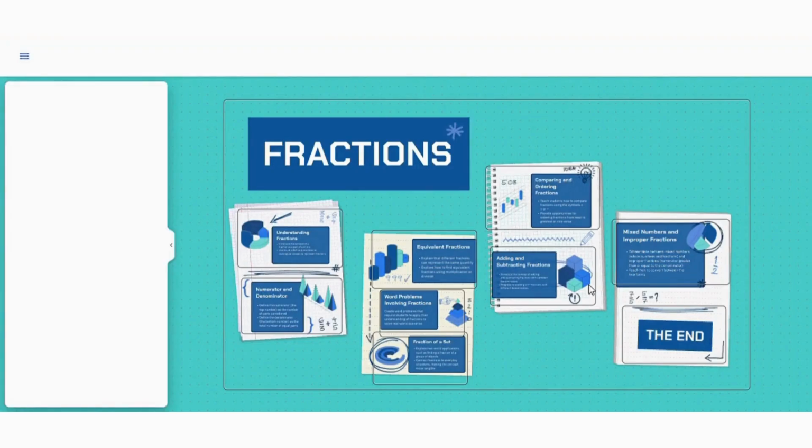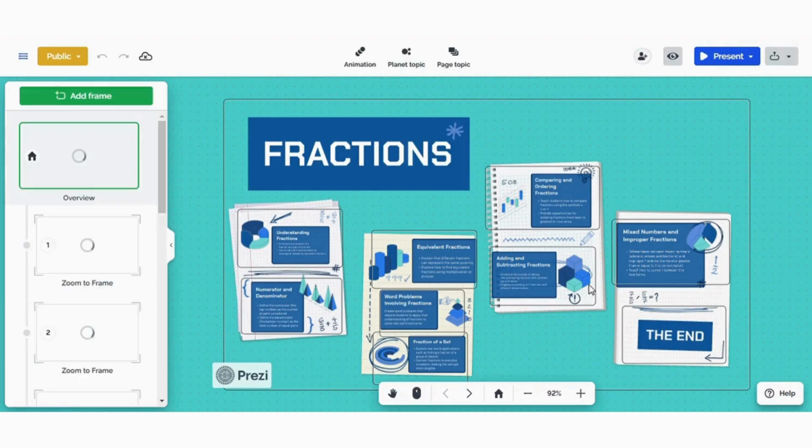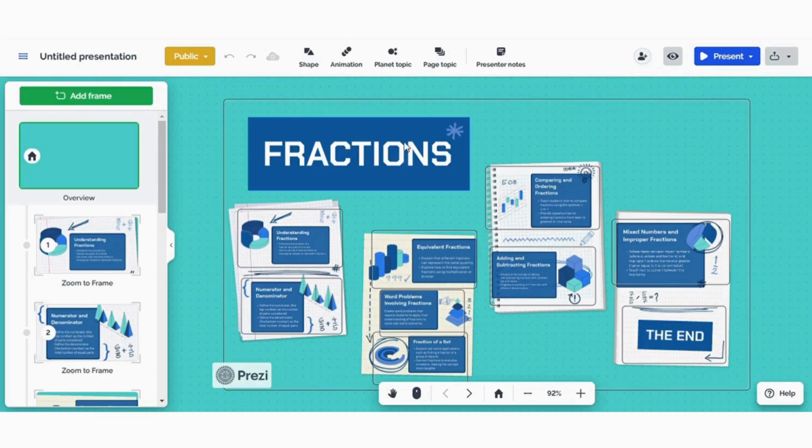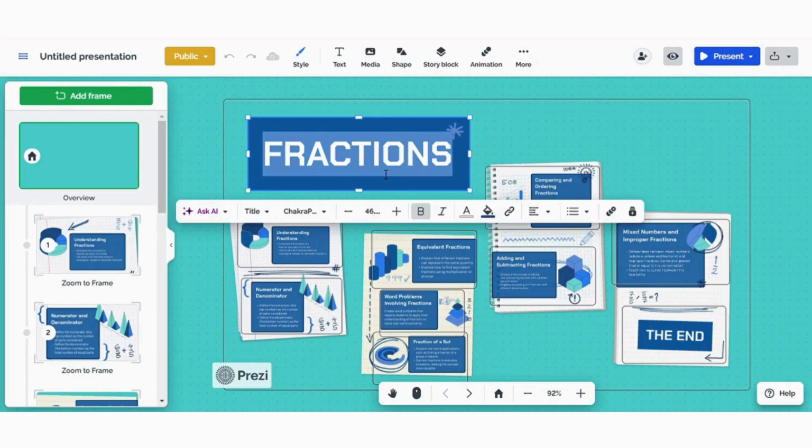Now we already in the templates. So you can click on the slide. Let's change the name of fraction to another thing. I think let's go with rename it to my title.